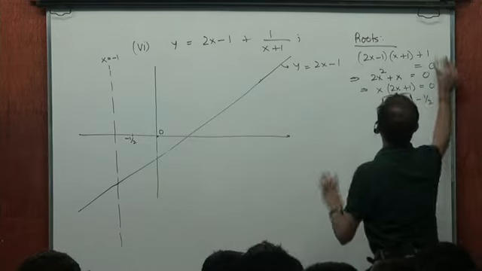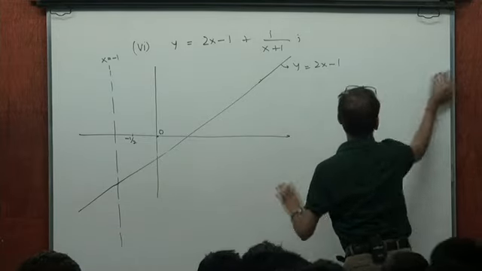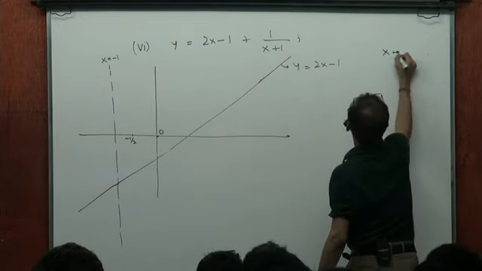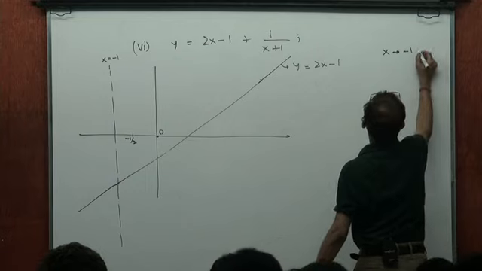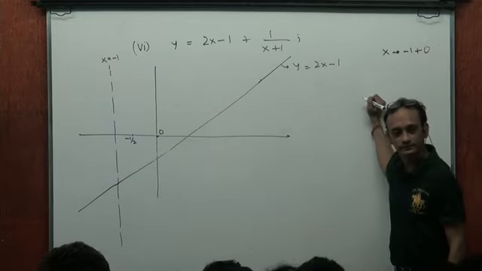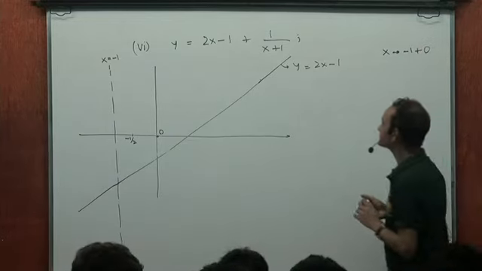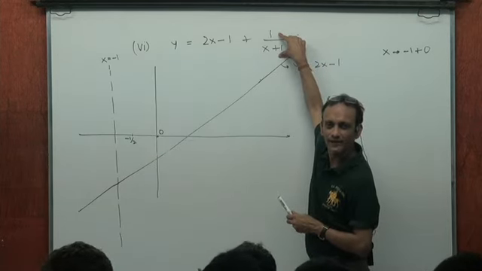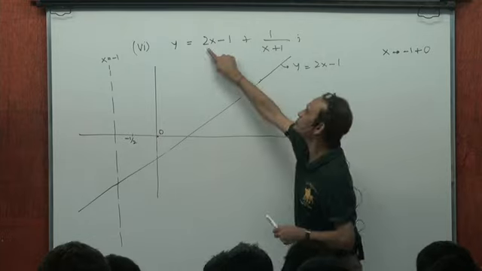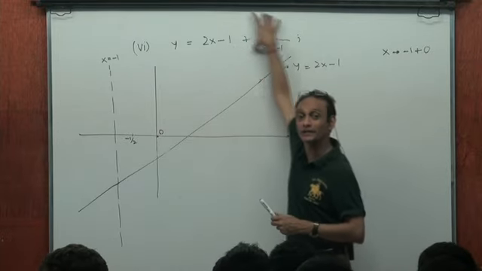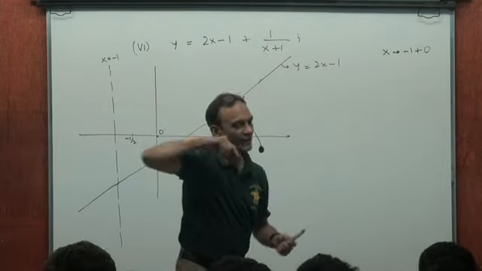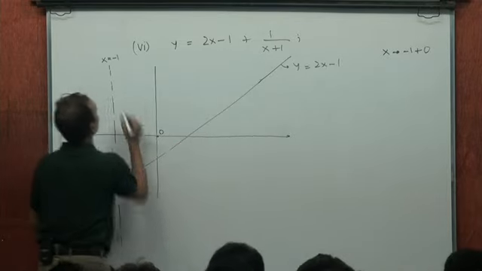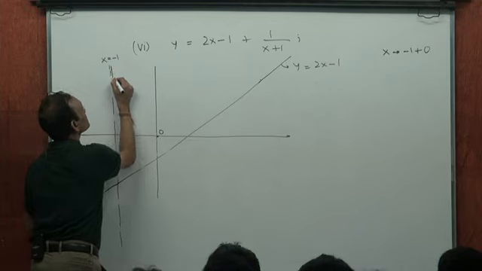Now, as x tends to minus 1 from the greater than minus 1 side, this tends to plus infinity, and this will be a finite number. So the whole thing tends to plus infinity, which means you would expect something like this.